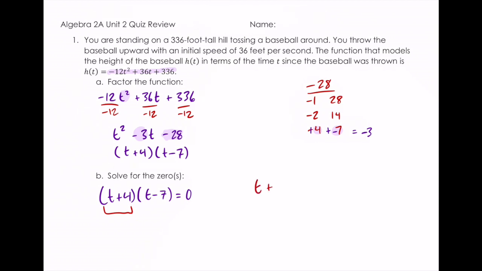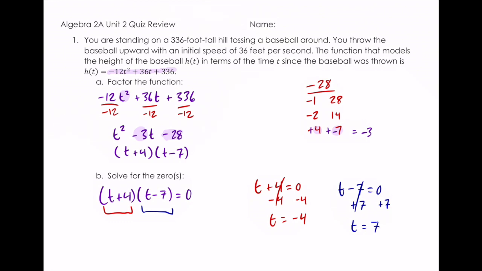So t plus 4 equals 0, and then separately t minus 7 equals 0. And I want to solve those. So to get t by itself, I can subtract 4 from both sides. The 4 goes away, and we're left with t is equal to negative 4. On the other equation, we can just add 7 to both sides. The 7's go away, so we get t is equal to positive 7.